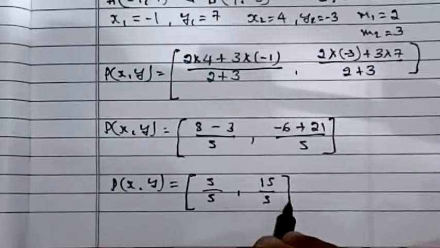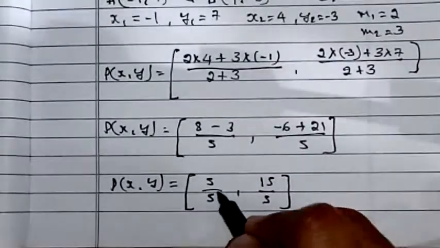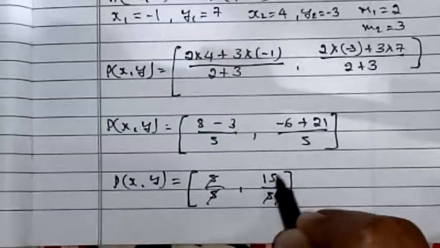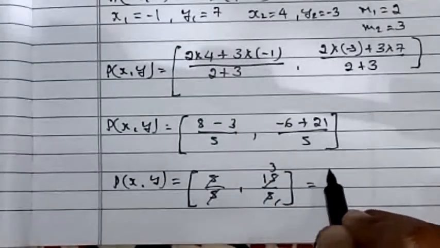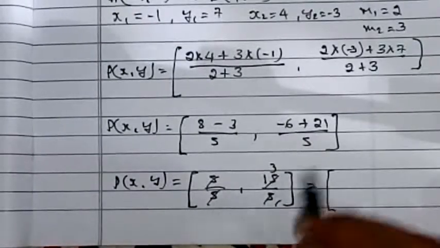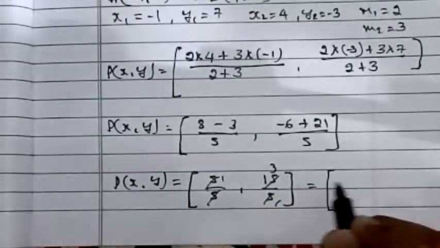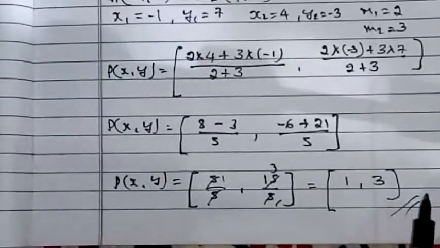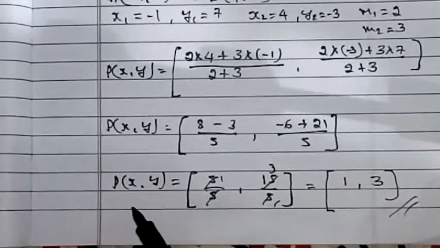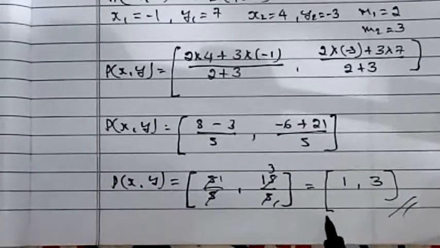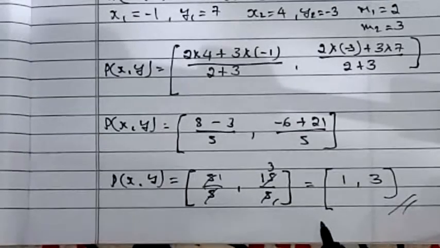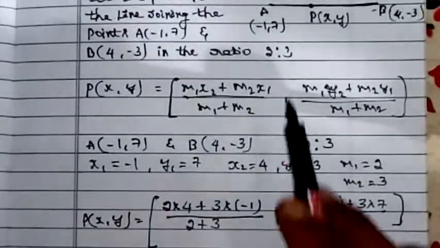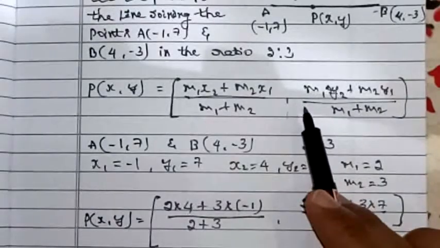Now divide: 5 ones are 5, and 5 threes are 15, so the coordinates of P(x, y) are (1, 3). This is how we solve the problem using the section formula, right children?